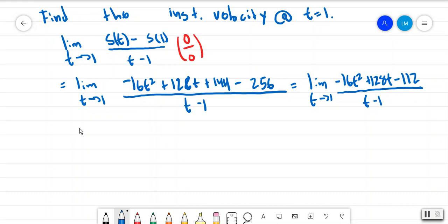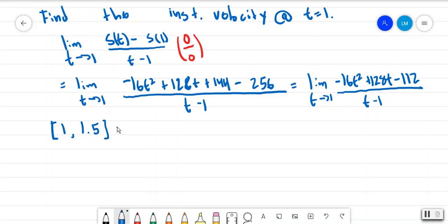For instance, if I look at the time interval from 1 to 1.5, then you could find the average velocity, and get close enough to 1 by making this point smaller and smaller.